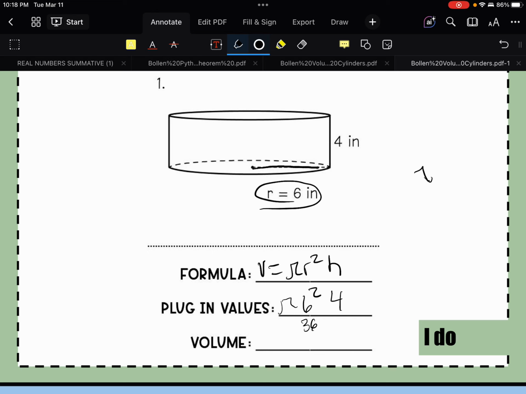Remember that pi is always equal to 3.14. So 3.14 times 36 times 4 is going to give you 452.39, and it's going to be inches cubed, which is that little 3, instead of inches squared that we would use with area.